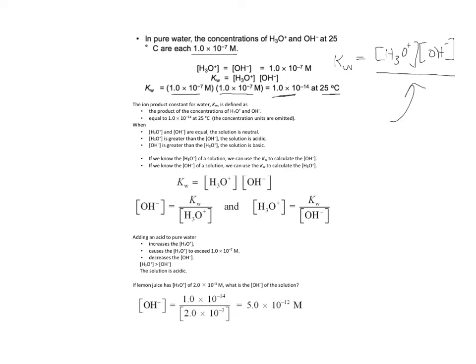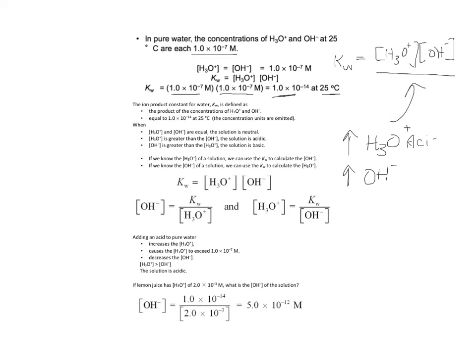When you begin to increase the concentration of the H3O plus, your solution becomes acidic. If you were instead to increase the concentration of the OH minus, your solution would be basic.